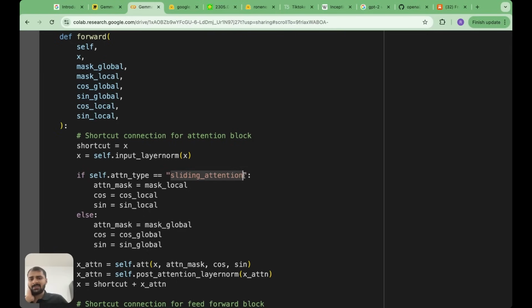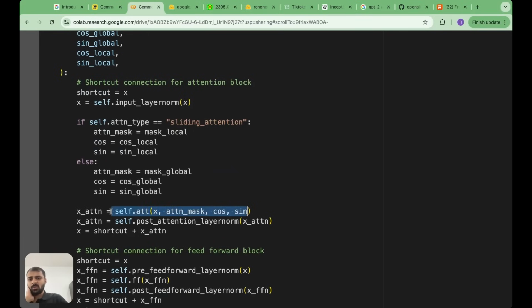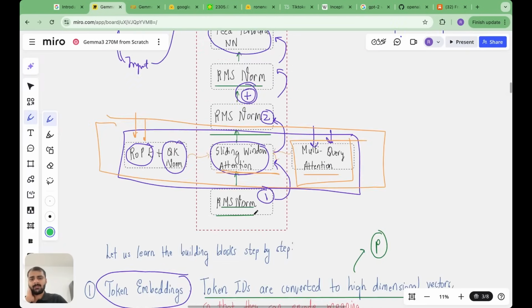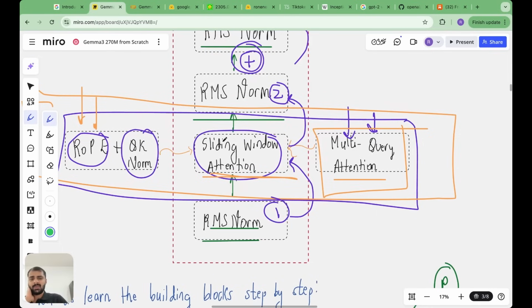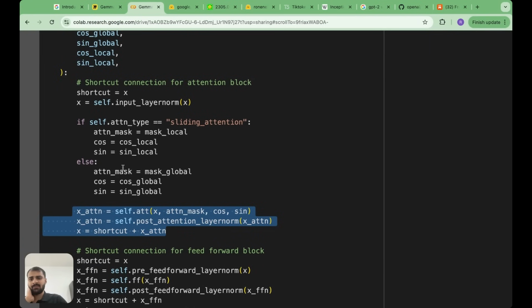If the attention type is sliding, I apply the sliding mask. If it's global, I apply the global mask. Then I apply one more normalization and shortcut connection. So until this point, I have finished applying the first normalization. I get the sliding window, I apply the attention layer, and then I apply the second normalization layer.